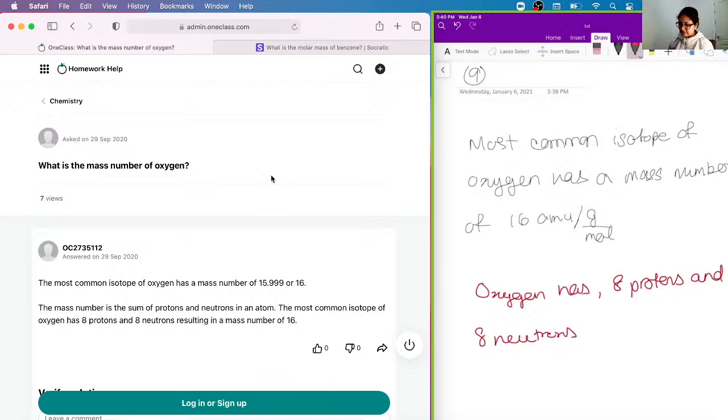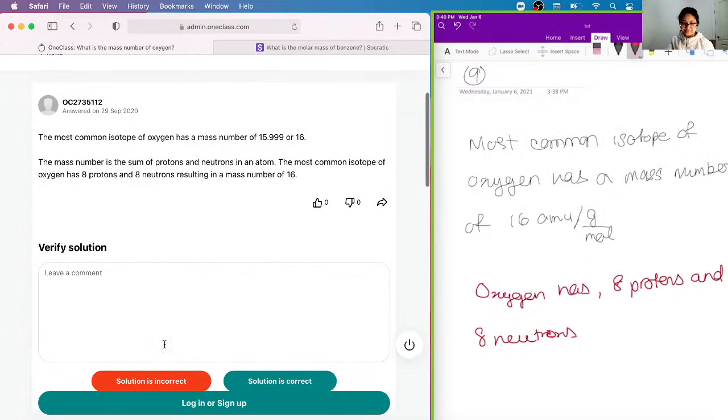In most cases, each element will have the same number of protons and neutrons, if it's a common isotope. So the number of protons plus the number of neutrons gives you the mass number, and 8 plus 8 for oxygen gives you 16 grams per mole. So this is correct.